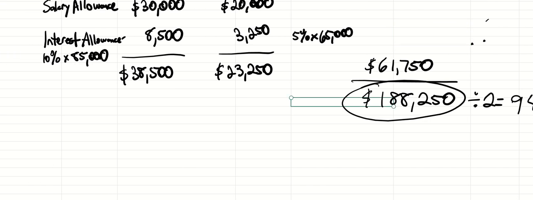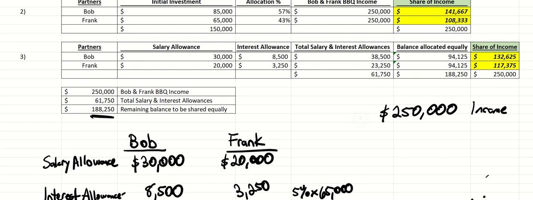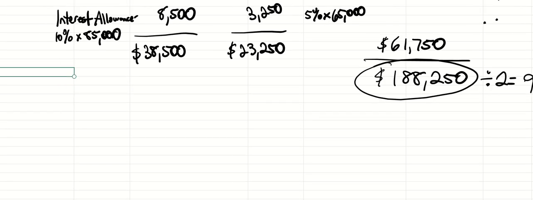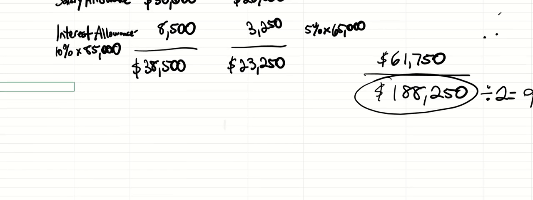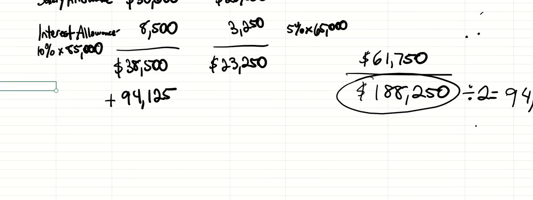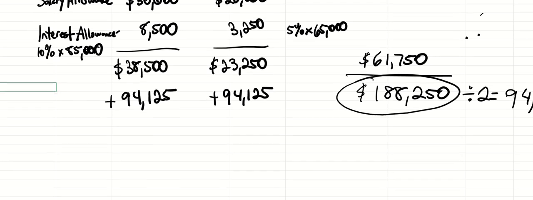Okay, so underneath Bob, there is going to be an addition of $94,125, right? Yes. And also it's going to be an addition of $94,125 for Frank. And then we go to Bob first to figure out what distribution of income is going to go to Bob.